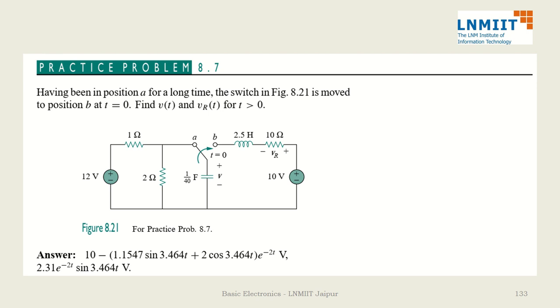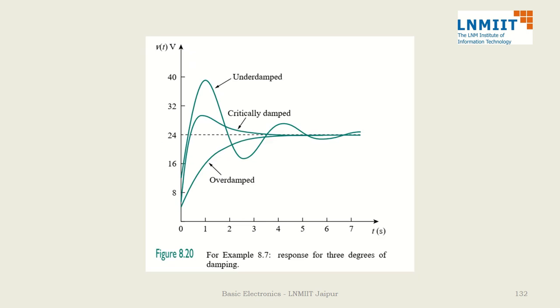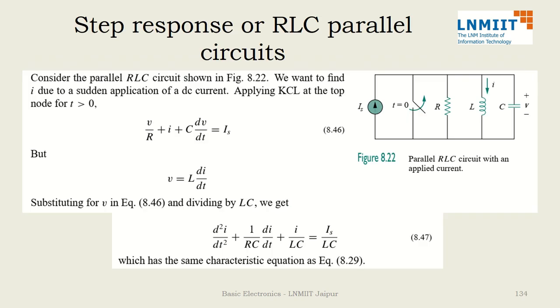So this is how we handle source circuits, that means RLC circuit with source. Now there can be some circuits where you have parallel RLC with source. So we don't change our approach there also. Exactly the same thing. When this was closed, all the current was going here.